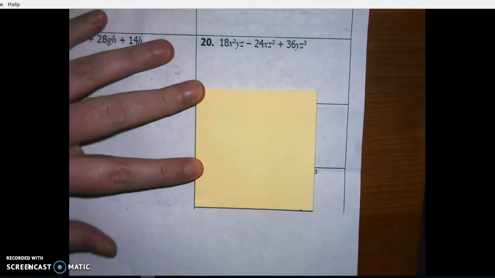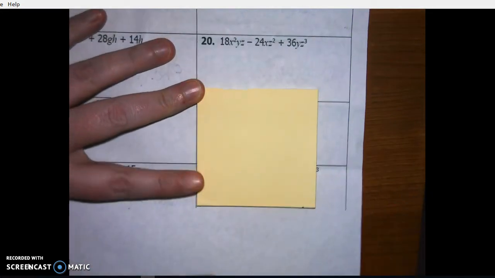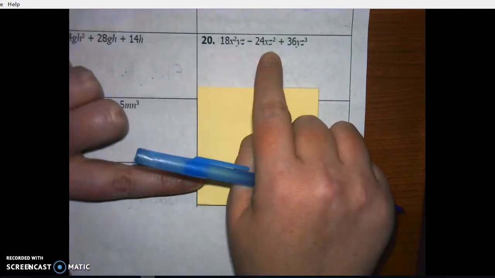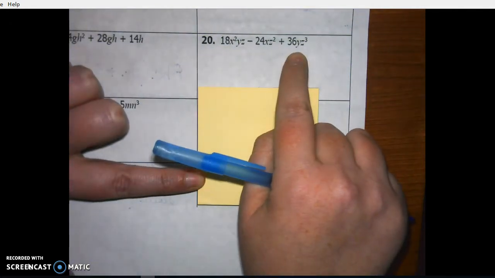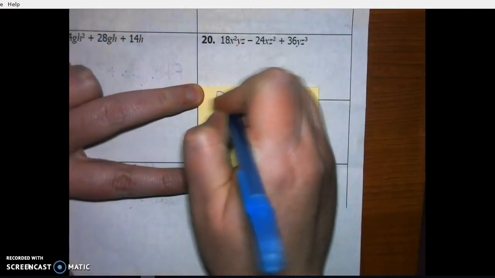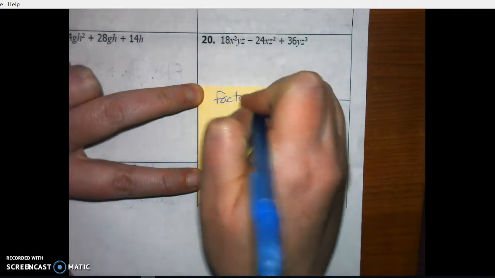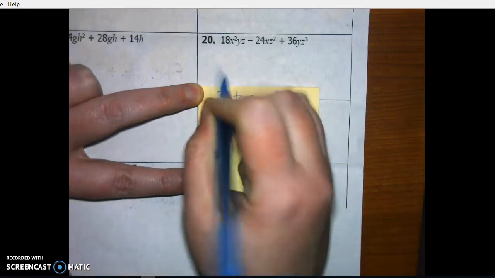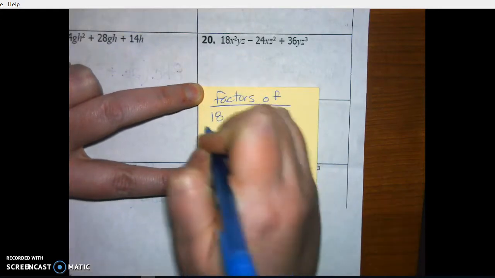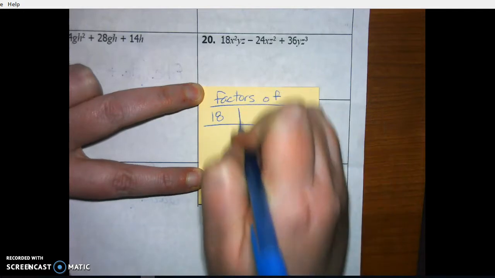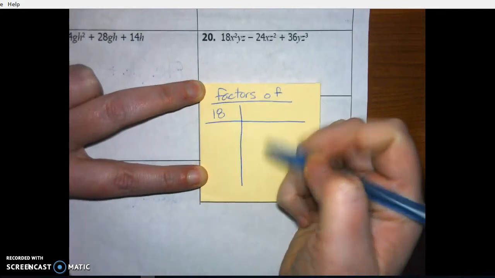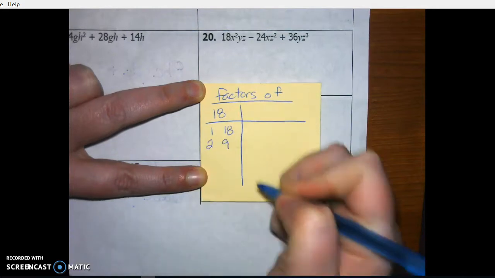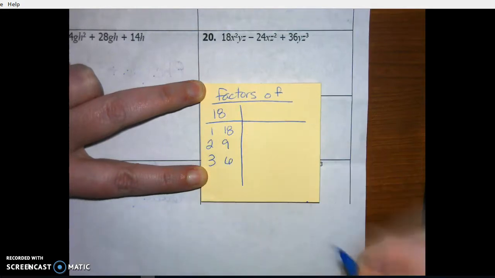So how I like to solve these first is by identifying the factors for each of these numbers. I make a little chart and I say factors of, my first number is 18: 1 and 18, 2 and 9, 3 and 6.